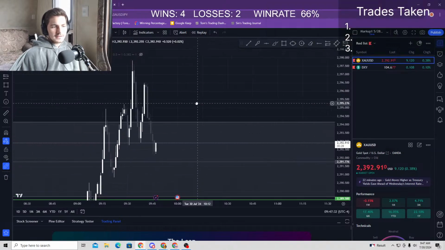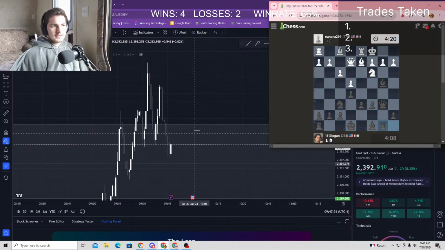Plus it's not the cleanest type 3 anyway, it's a bit rangy. Yeah, exactly.